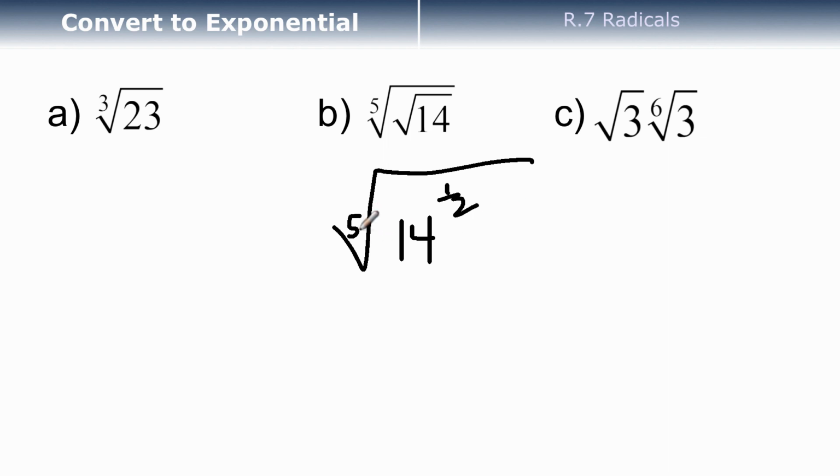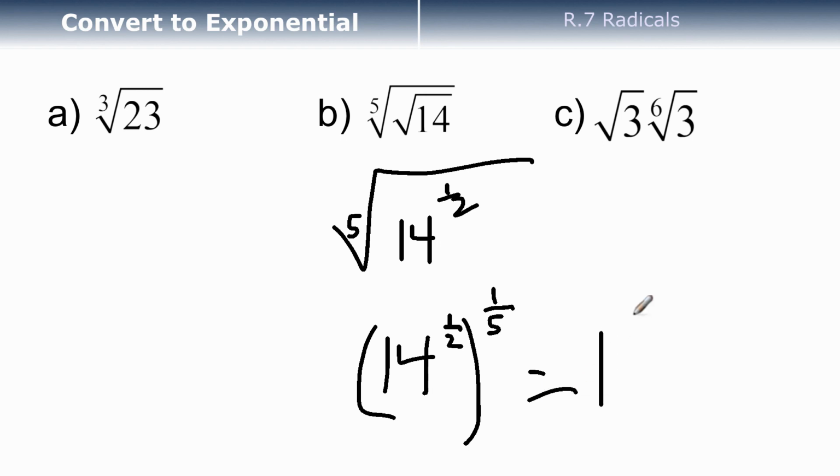Now if that's the fifth root, then I could change this to 14 to the 1/2 raised to the 1/5. Then power of a power, that would be equal to 14 to the exponent of 1/10. You could do similar simplifications with both those questions as well.